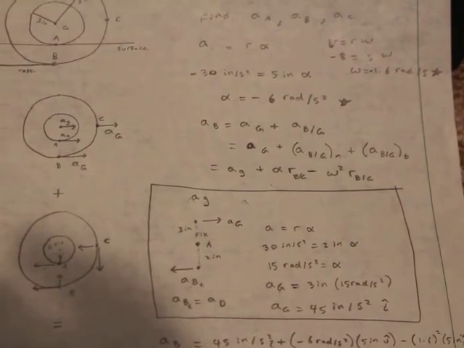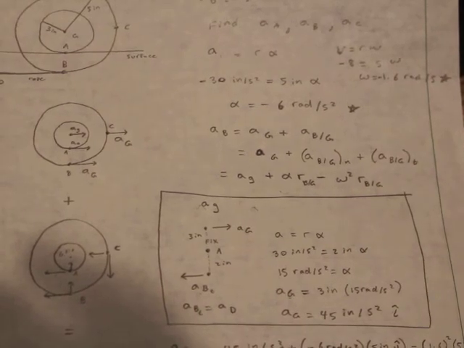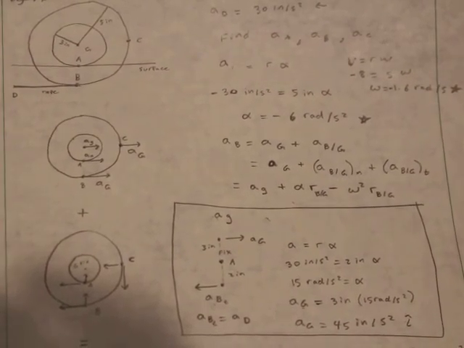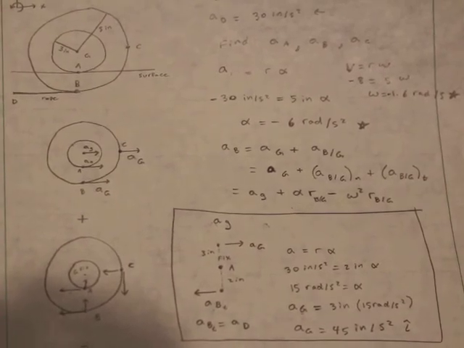And then we went ahead and wrote out our acceleration formula. The acceleration of B equals the acceleration of G plus the acceleration of B in regards to G. And we'll be using those for A, B, and C. I just picked B for now.